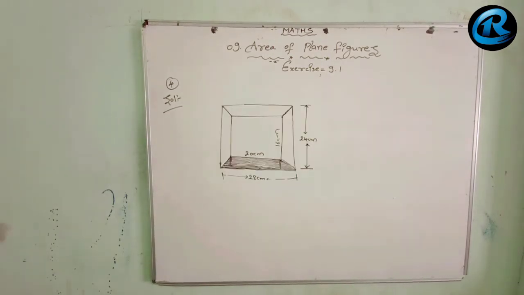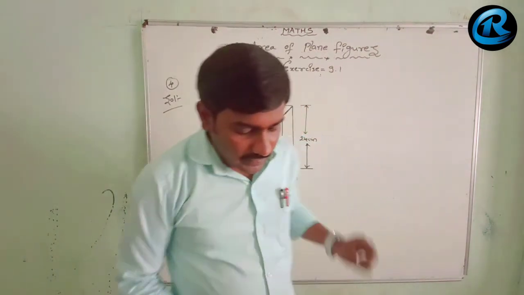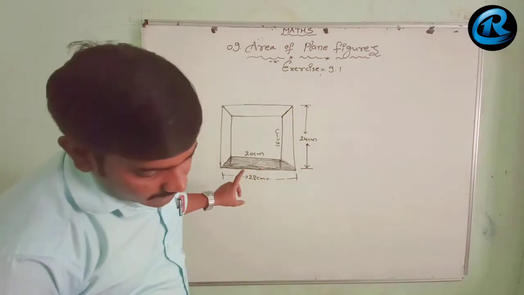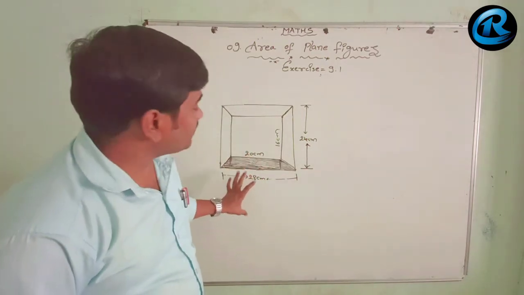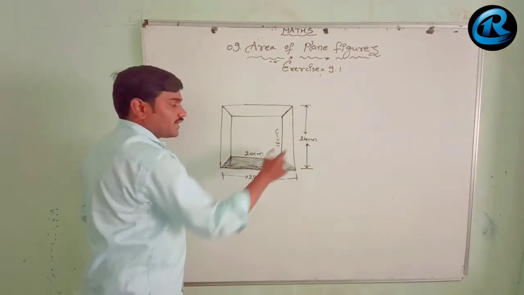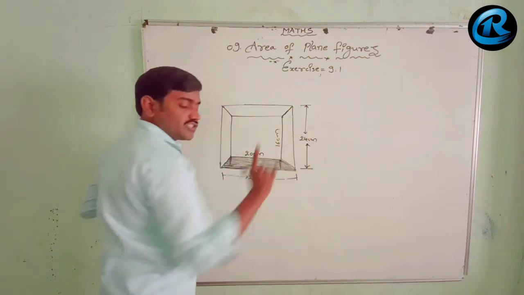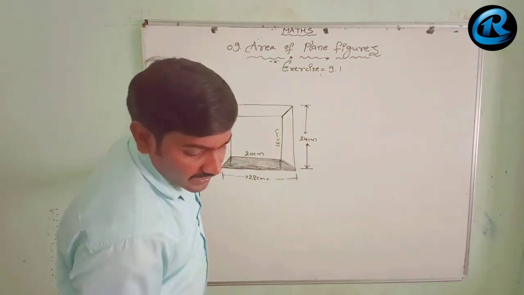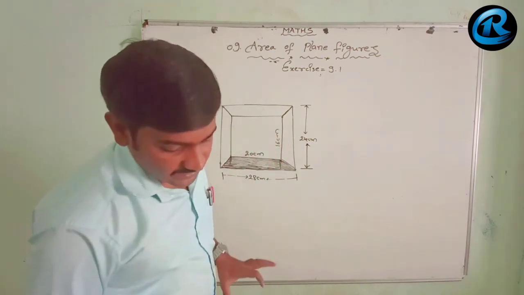Now we go for the fourth question, and let us see the fourth question diagram. In the adjacent figure, the frame has outer dimensions, the outer length and breadth, of 28 centimeters into 24 centimeters, and the inner dimensions are 20 centimeters into 16 centimeters.